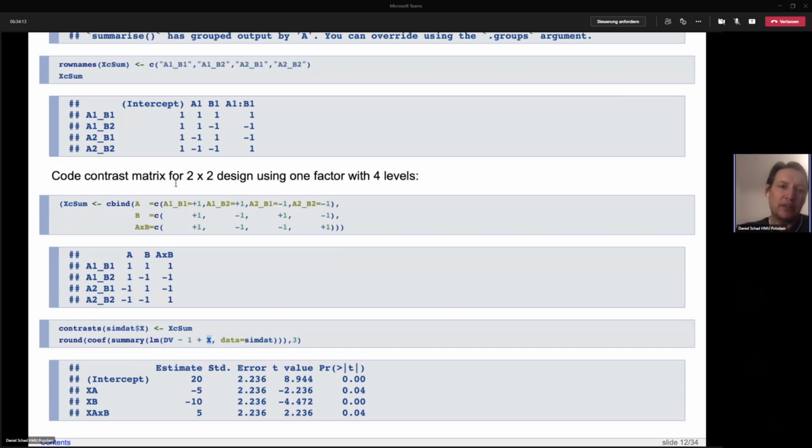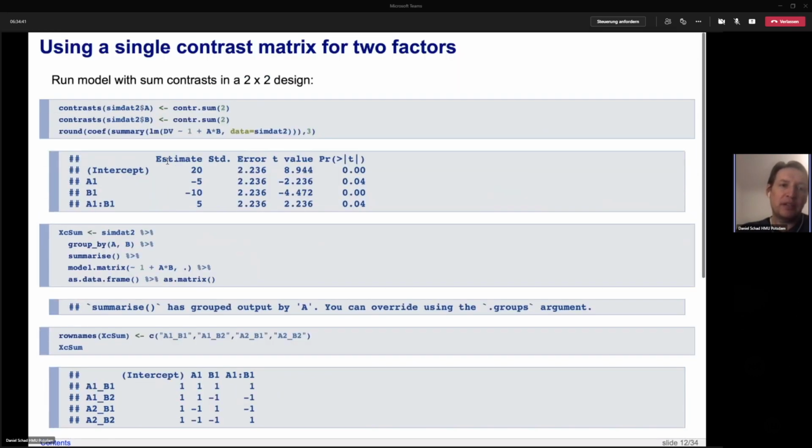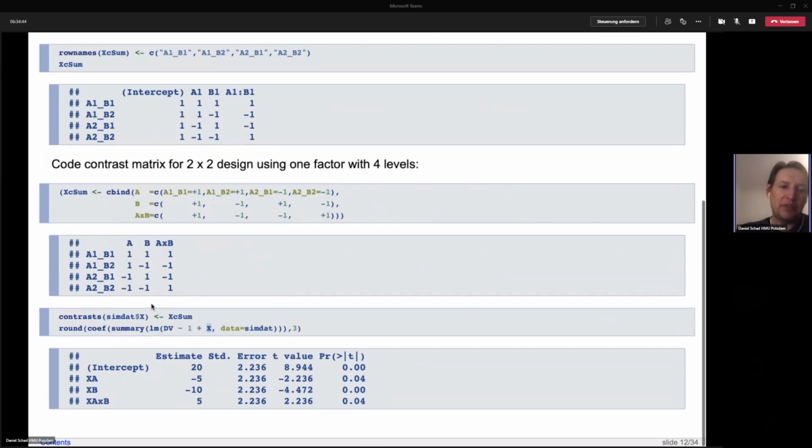So we can manually encode this contrast matrix where we say contrast A is the main effect, coded 1, 1, -1, -1. We code a contrast B, the main effect for B, 1, -1, 1, -1, and we code the interaction. But now we don't have this as separate contrasts for A and B, but we have it as one common contrast for the factor X with 4 levels. Okay, so this is now our contrast matrix for one 4-level factor.